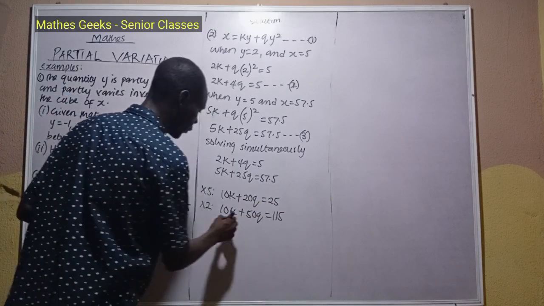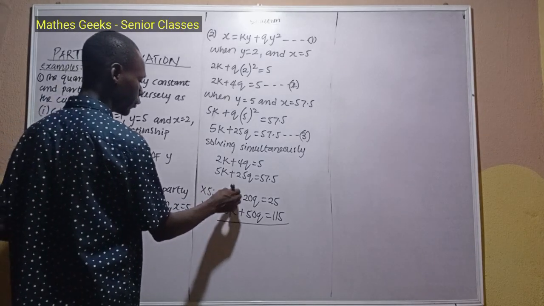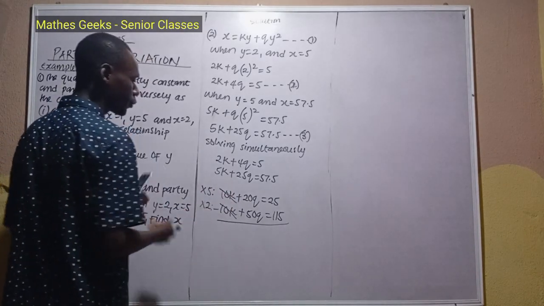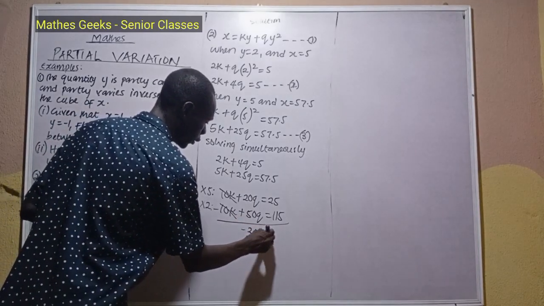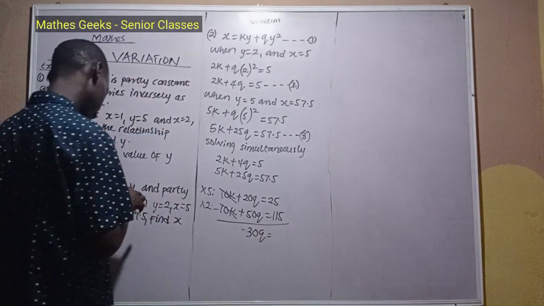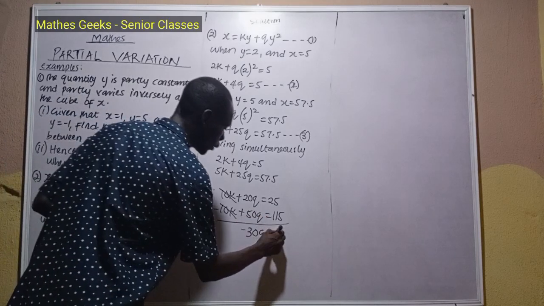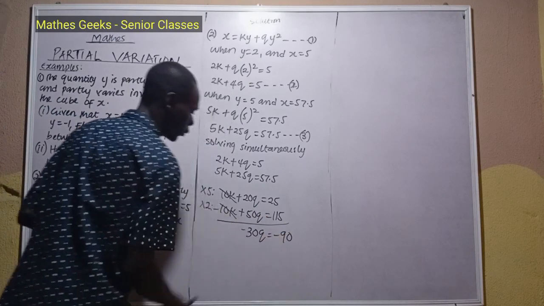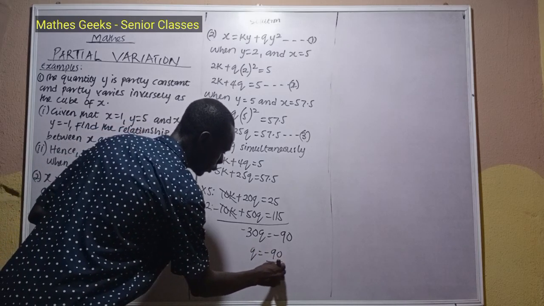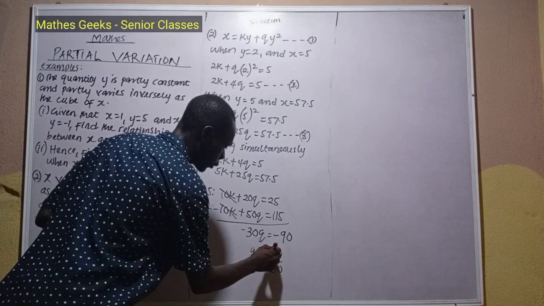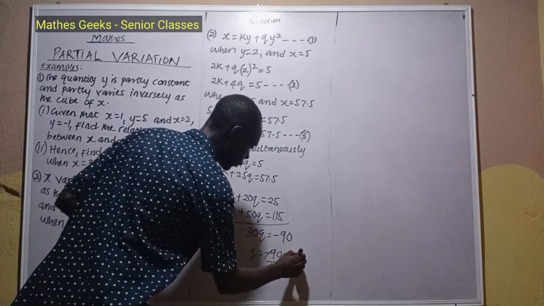115. So now I'm going to subtract: 10k minus 10k will be 0, 20q minus 50q will be minus 30q, 25 minus 115 is minus 90. So minus 30q equals minus 90, so q is minus 90 over minus 30, minus cancels. 90 divided by 30 is 3.